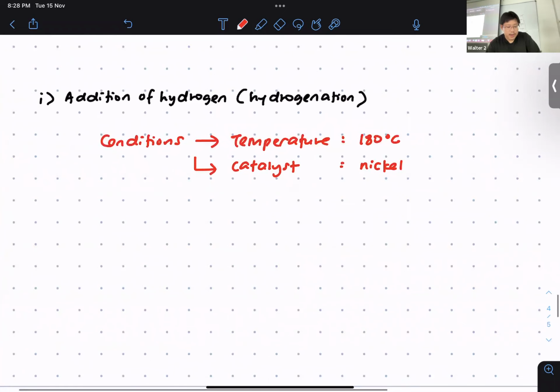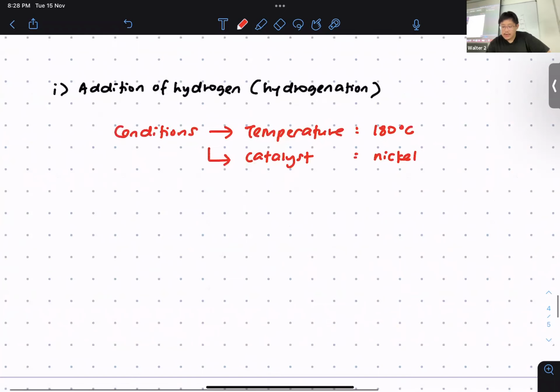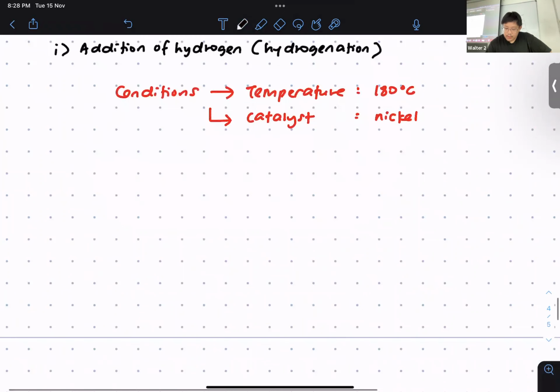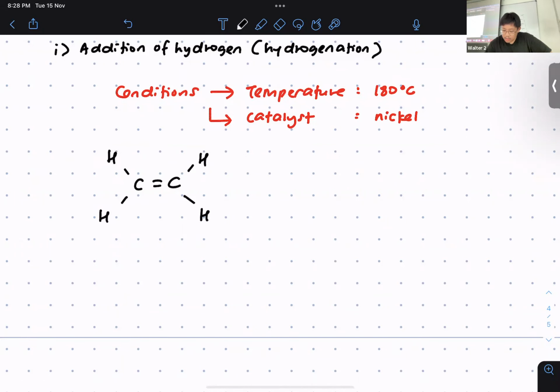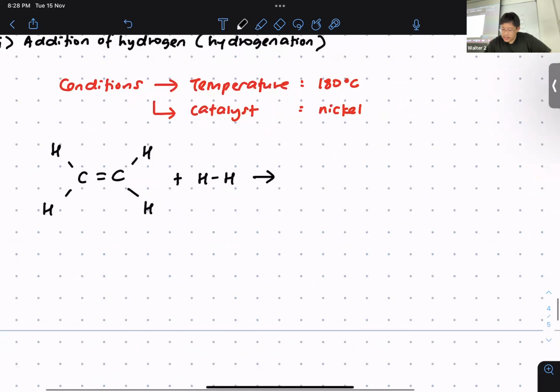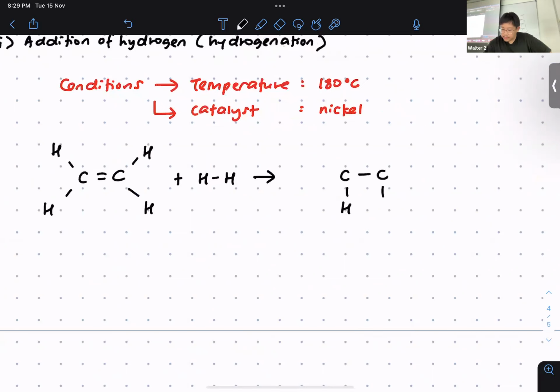As for the mechanism, very easy. I'm going to use ethene for all examples. If you have ethene reacting with hydrogen, then the double bond can open up to accommodate the hydrogen atoms, and you will convert the ethene into ethane.